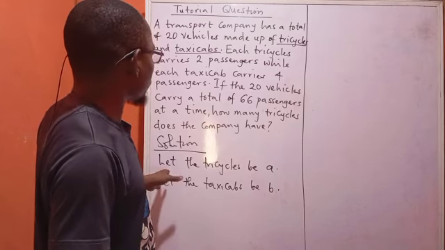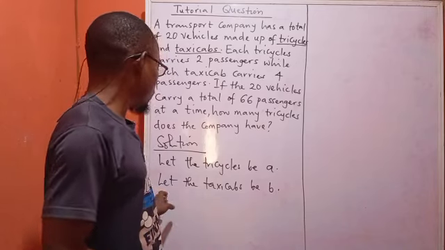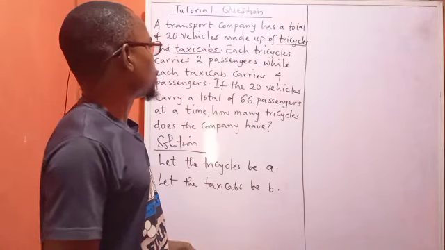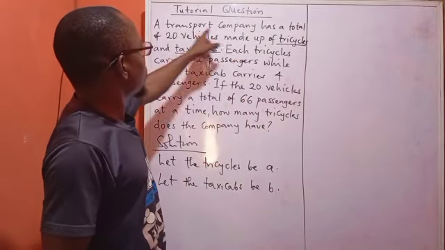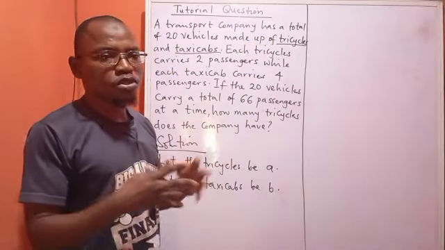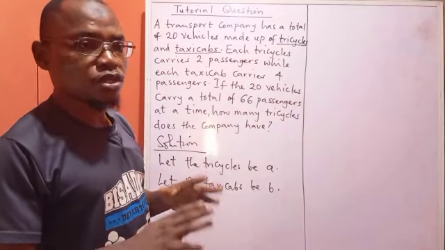So we've represented the tricycle to be A, and the taxicabs to be B. Now they are saying the transport company has a total of 20 vehicles, which means the total of the taxicab and the tricycle is 20.